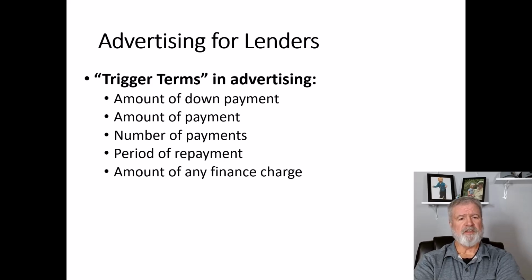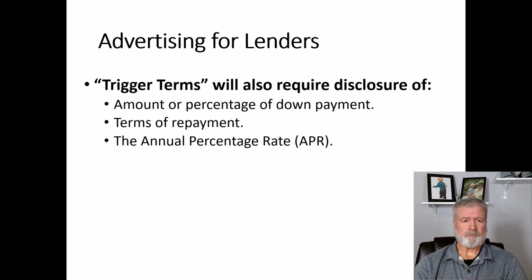Well, if they put anything in their advertising about the amount of a down payment that might be required, the amount of a payment, the number of payments, period of repayment, or amount of any finance charge. So it sounds to me, pretty much if they indicate anything in their advertising about payments, there are additional disclosures that must go along with it.